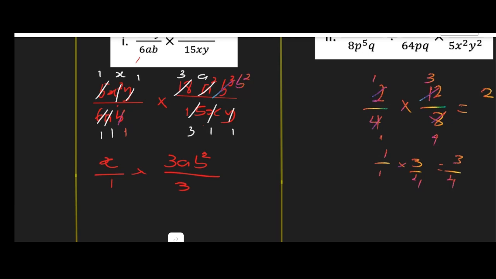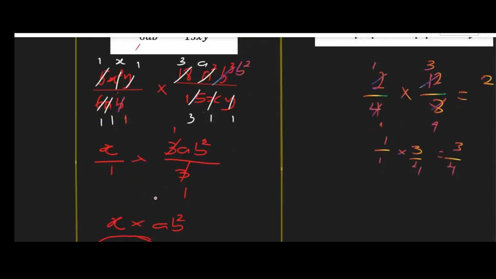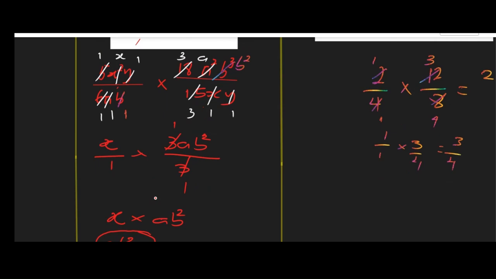So at this moment we can still simplify. 3 can go into itself one time, so 3 here 1, 3 here 1. So we're going to get x times ab squared. x over 1 is the same as x, so we're going to get ab squared x, and that will be the final answer. So you see, it's not difficult. So we are just cancelling out, we are just dividing, and then we multiply.